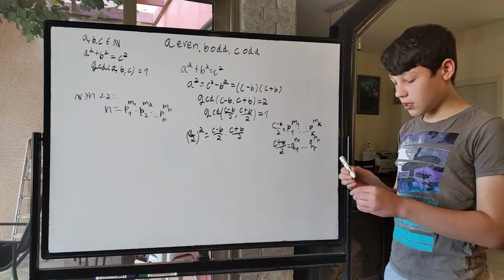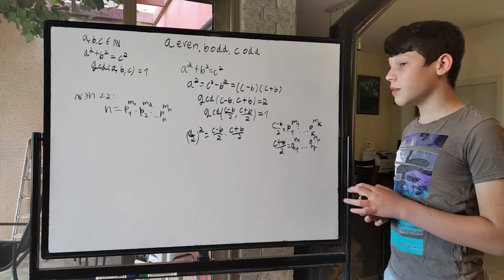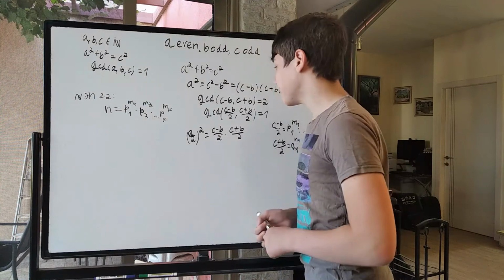So yes, it does look a bit ugly, but the product of these is A over 2 squared.